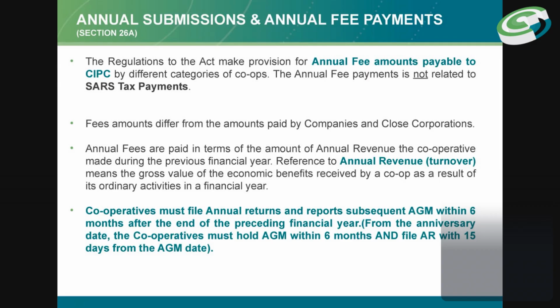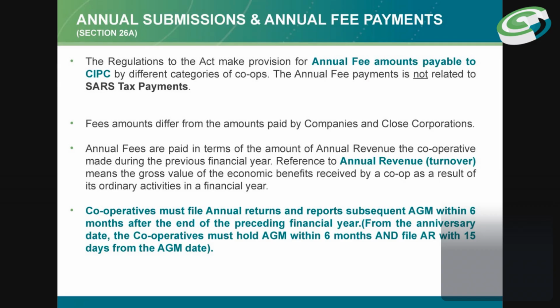We have annual submission and annual fees payments in terms of Section 26 of the Cooperative Act. The regulation makes provision for annual fees amounts payable to CIPC by different categories of co-ops. The annual fees payment is not related to SARS tax payment. So what you pay at CIPC has nothing to do with the annual return that is paid at SARS.